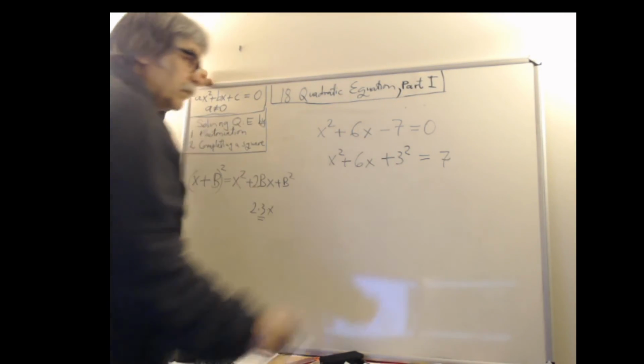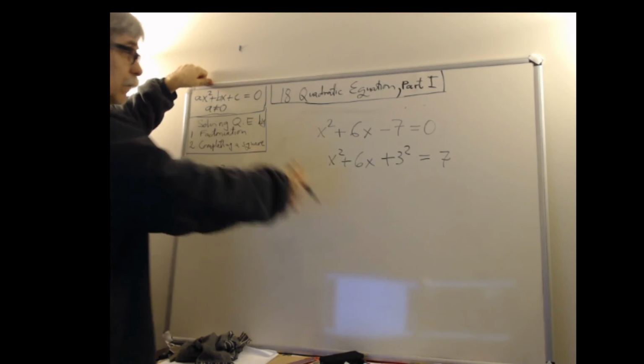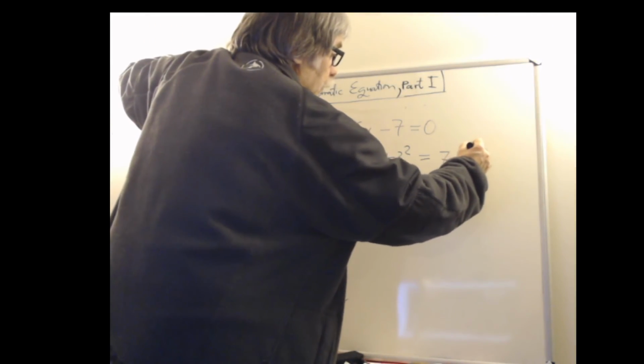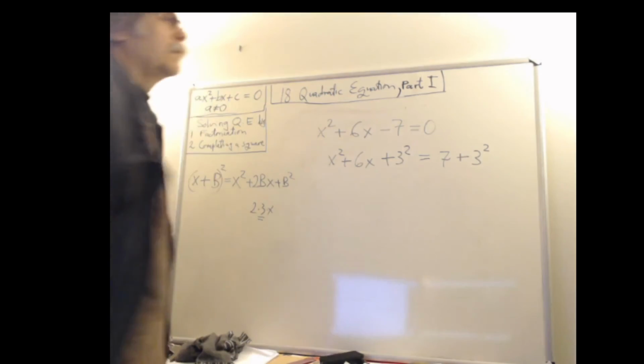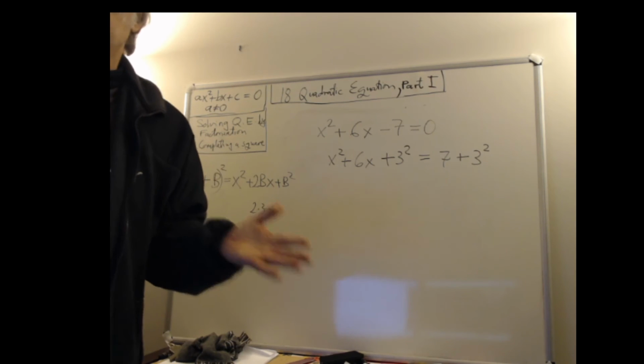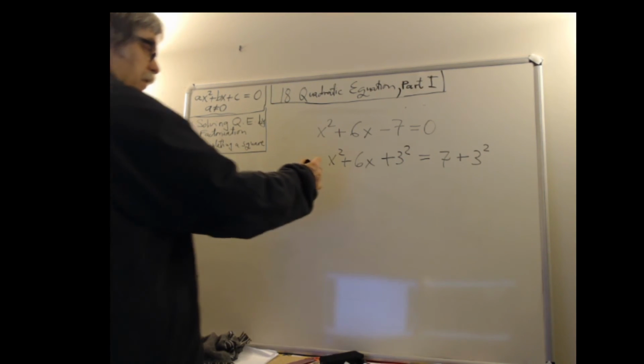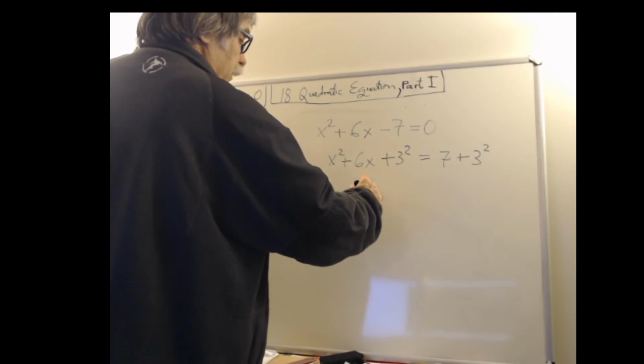I'm adding this to the left side, but if I want to keep everything equivalent to what I had before, I need to add it to the right side as well. You keep the equation equivalent if you add the same number to both sides. Now I have a perfect square. It's the square of x plus 3.